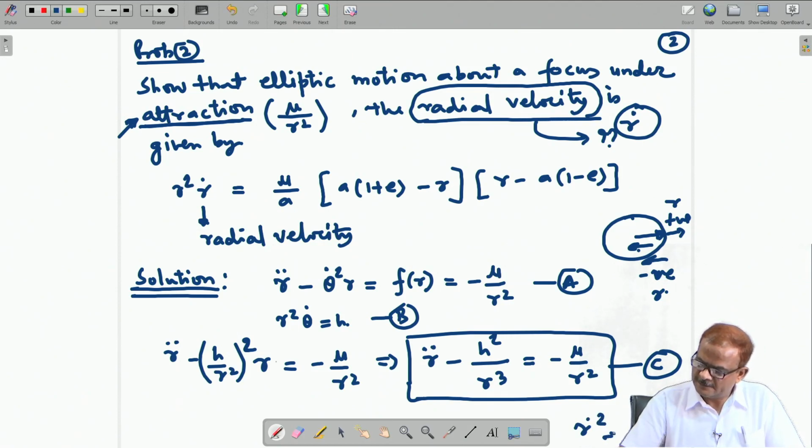If we differentiate this, it will result in 2 r dot times r double dot. So, we will multiply it with 2 r dot and then integrate it, so that after integration we get this quantity.